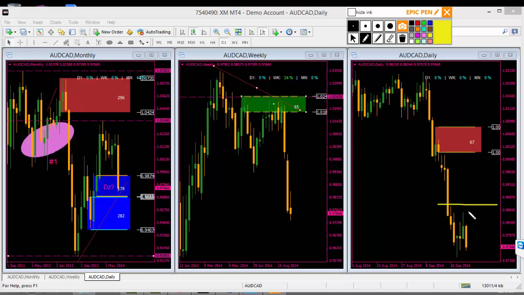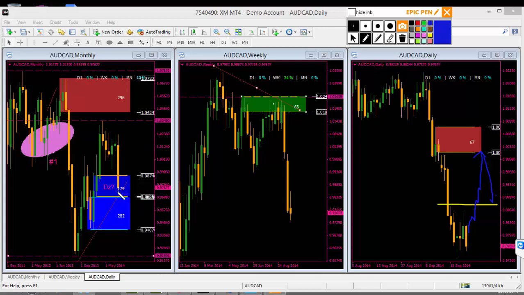So anything that is below here is not a good area to sell. So you want to wait for price to rally up into this supply. And you see that you have good risk reward to sell, right?